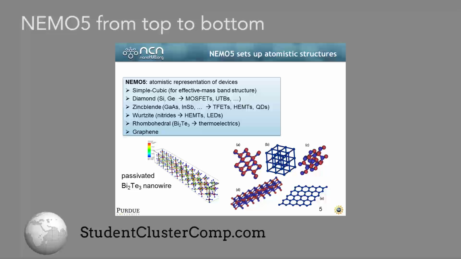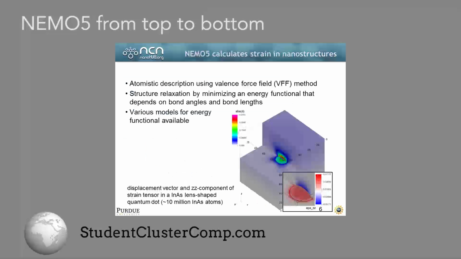And hitting slide 6, what do we mean by a valence force field? If listeners are familiar with molecular dynamics, you've got a similar approach there. It basically describes how atoms interact based on their bonding. So in this case, we have a quantum dot. I think this is 50 million atoms altogether. I think the dot in the middle is 10 million atoms.